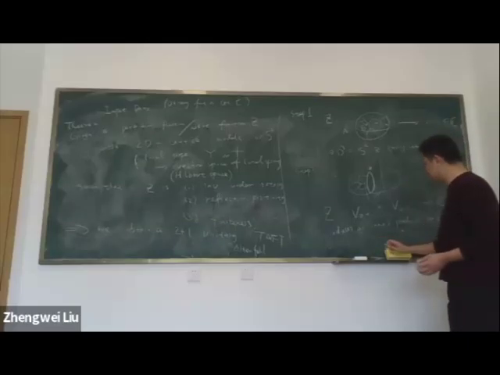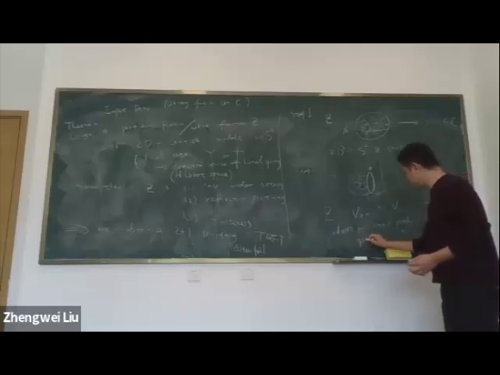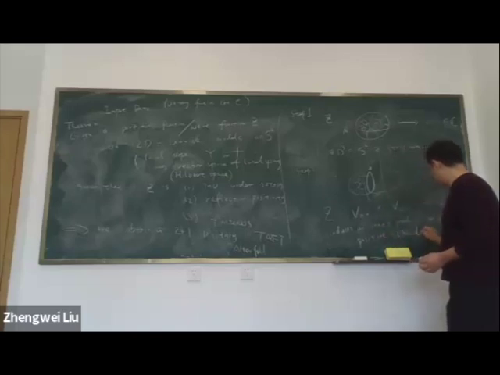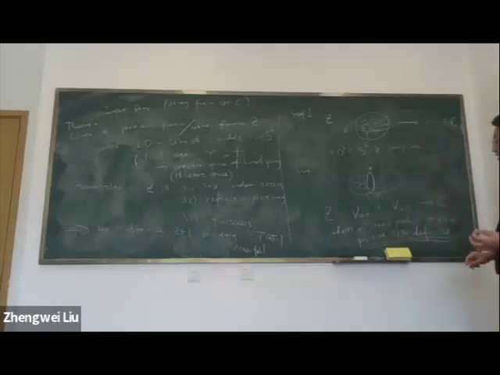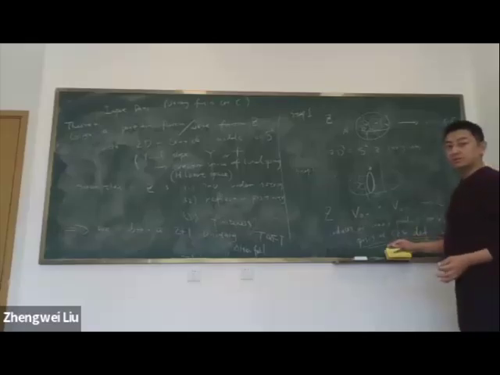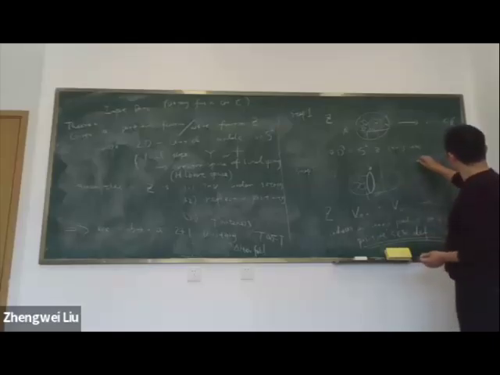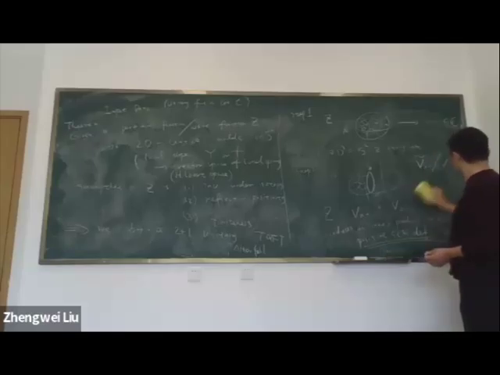And reflection positivity means this is positive semi-definite. And then we can take the kernel, namely those vectors that have zero inner product with any other vectors. So we can define this Hilbert space as the direct sum vector space modulo the kernel.